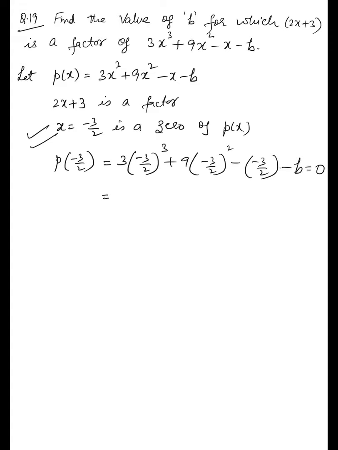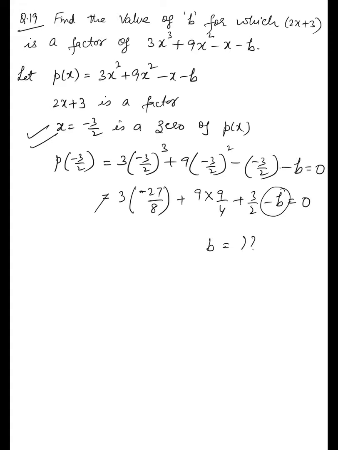That means if I simplify it, what do I get? Minus 27 upon 8 plus 9 into 9 by 4 plus 3 by 2 minus b is equal to 0, and after simplifying it, you put it equal to 0, and from here you will get the value of b. If you want, you can solve it also. You will get 81 upon 8 plus 81 upon 4 plus 3 by 2 minus b is equal to 0.